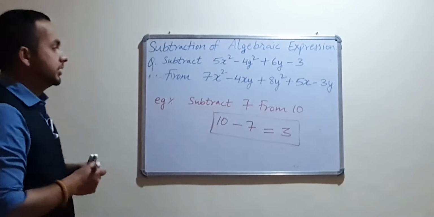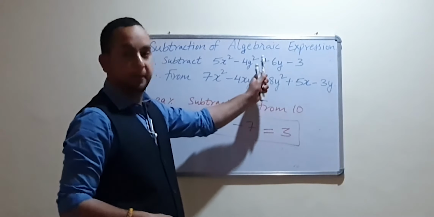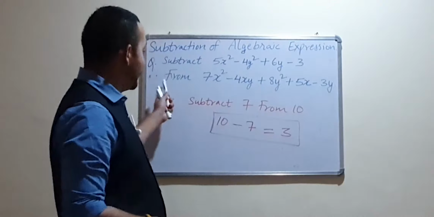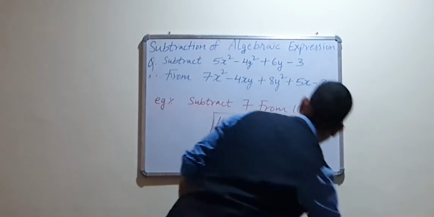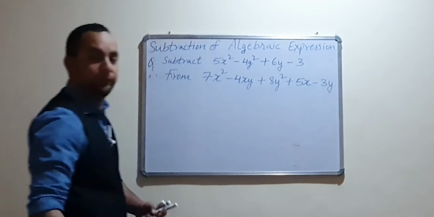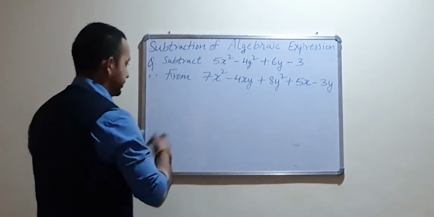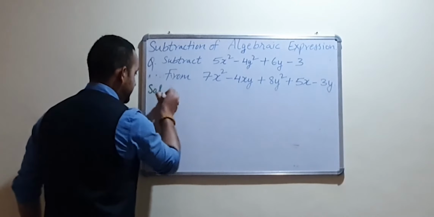Similarly, subtract 5x square minus 4y square plus 6y minus 3 from this. Your second expression will become first and your first expression will become second. Now you're going to solve this.